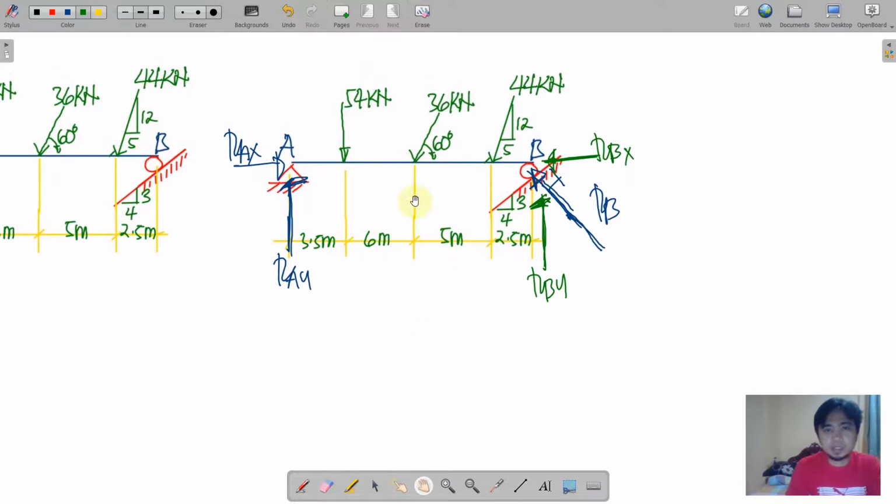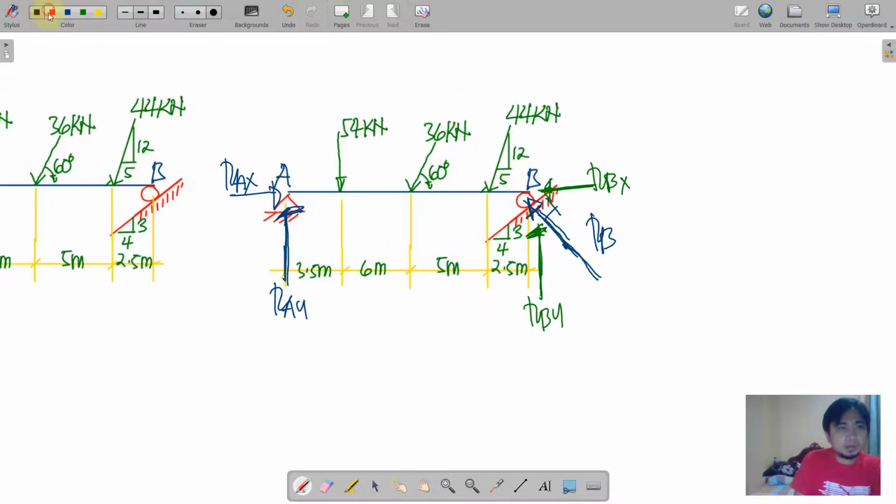Okay, so let us express also the vertical components of 36. Okay, I'll just place here vertical and horizontal component. So if we project this vertical component here that is going downwards, it is obvious that this vertical component is opposite the angle 60 degrees.